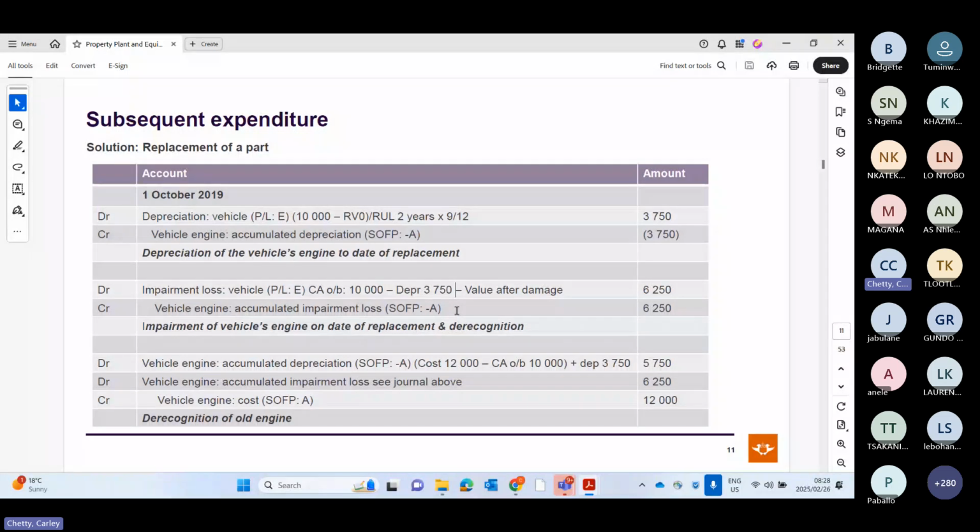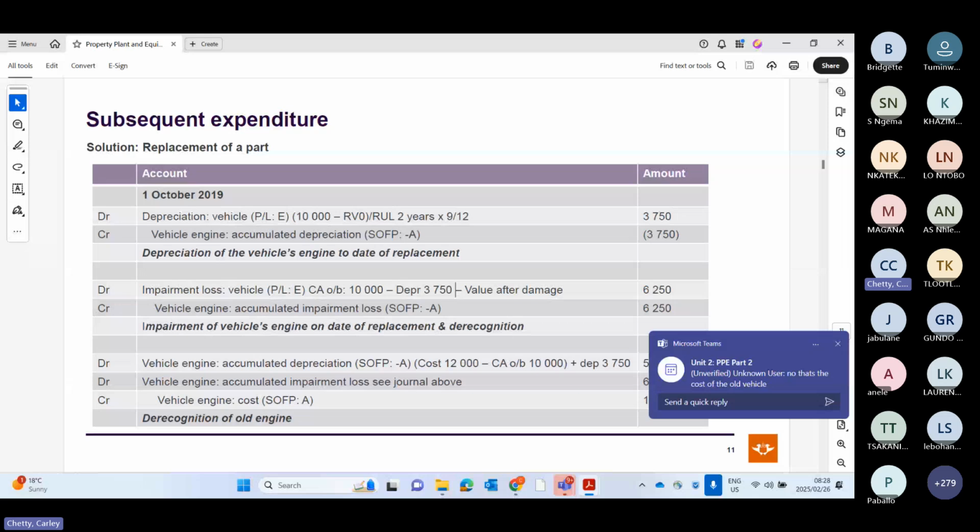They told us the original cost of the old engine was 12,000 Rand. On the 1st of January 2019, the opening carrying amount was 10,000 Rand. Then they told us that the carrying amount on 1 Jan 2019 was 10,000 Rand.